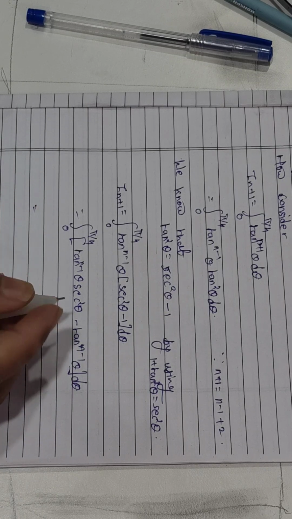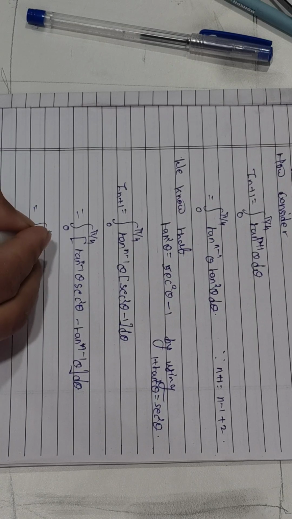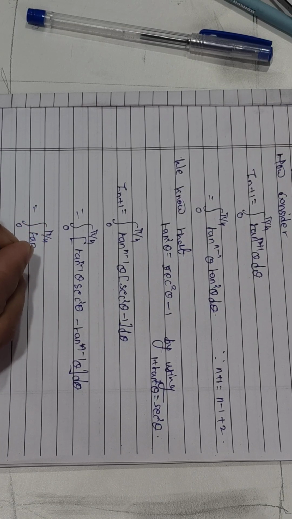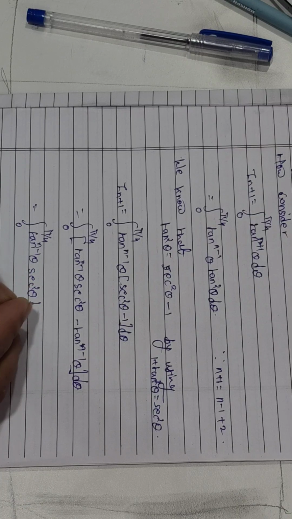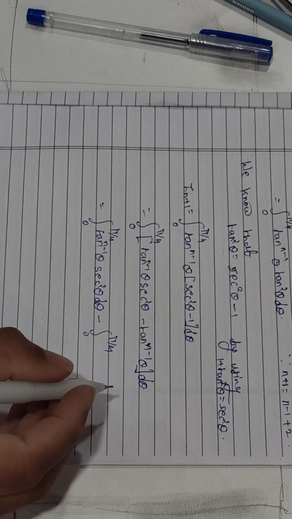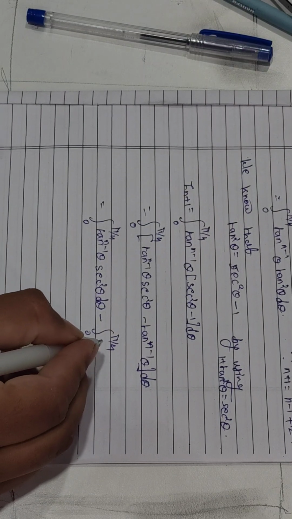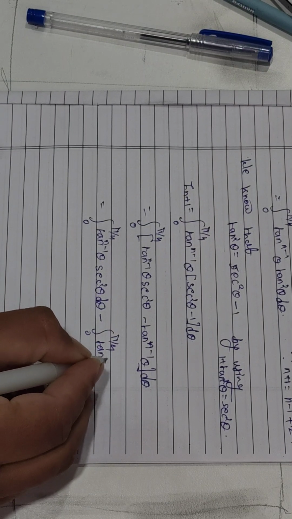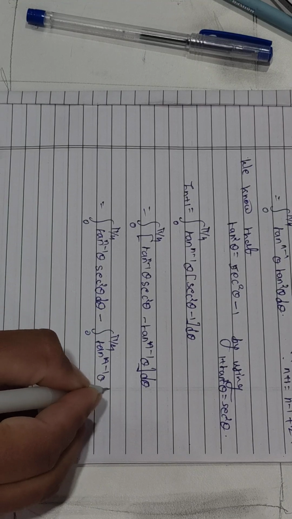Now separate the integral. We get integration 0 to pi by 4 tan raised to n minus 1 theta sec square theta d theta minus integration 0 to pi by 4 tan raised to n minus 1 theta d theta.